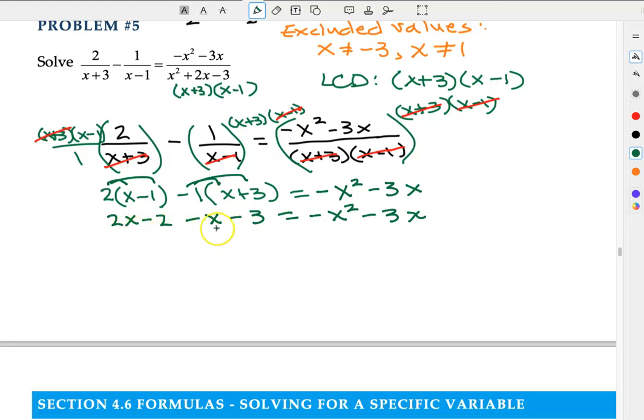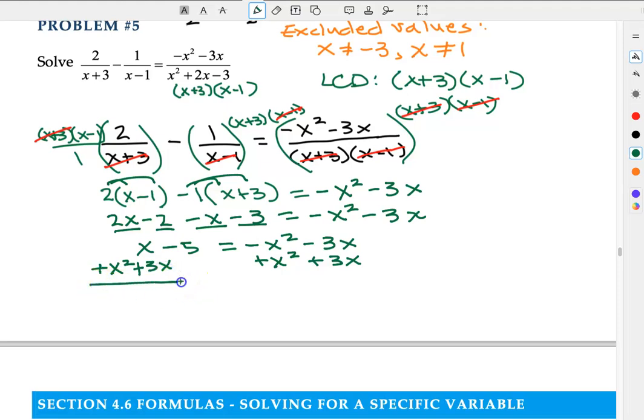Okay, so I'm just going to combine my like terms here. So 2x minus x is just x. Negative 2 minus 3 is negative 5. And then I want my leading term to be positive. So I'm going to choose to add my x squared over here. And I also need to add my 3x over here.